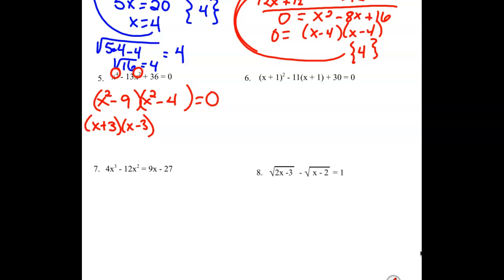And x squared minus 4 would factor into x plus 2 and x minus 2. So what do I end up with for solutions? Okay, so positive and negative 3 and positive and negative 2.